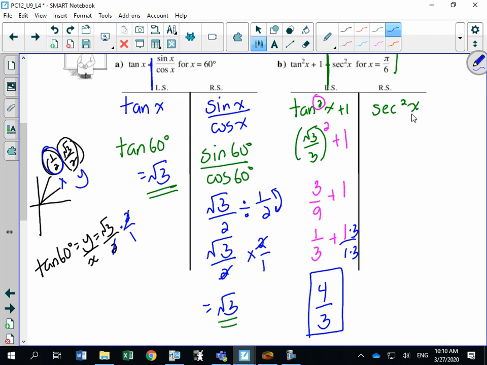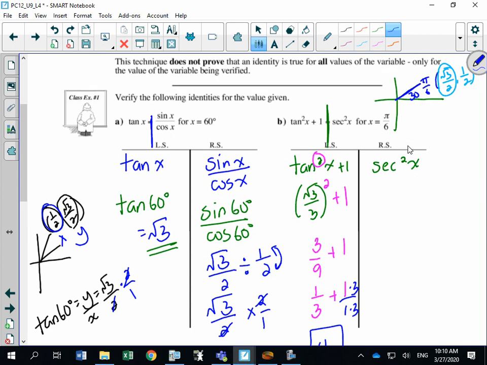So secant squared x. There's a couple different ways we could do this. So what they're asking for is the secant squared of pi over 6, right? That's essentially what they're saying. And that would be secant of pi over 6 squared, okay?